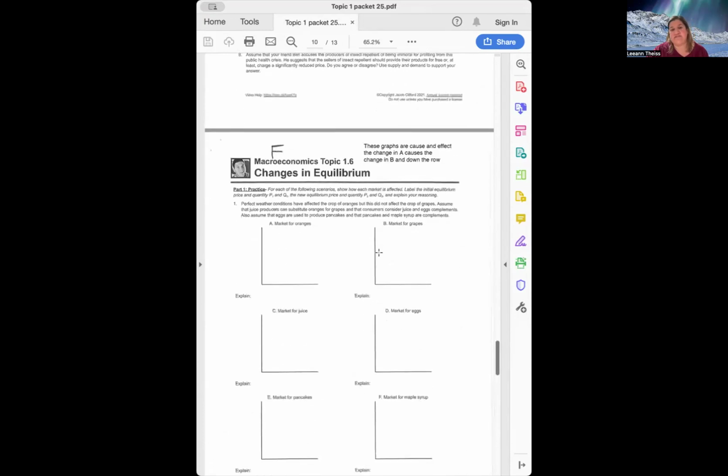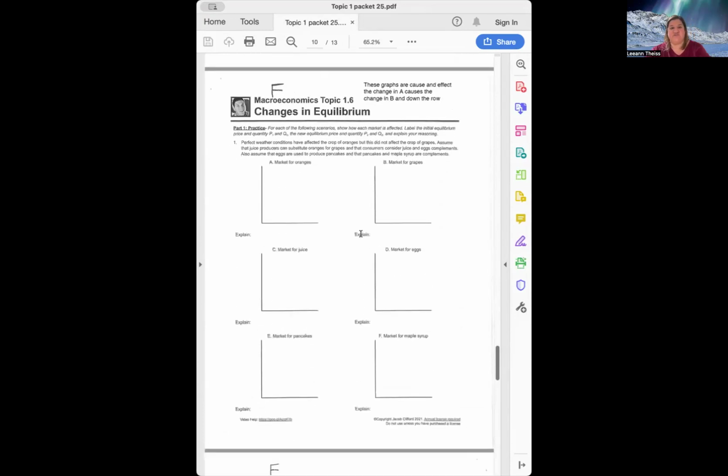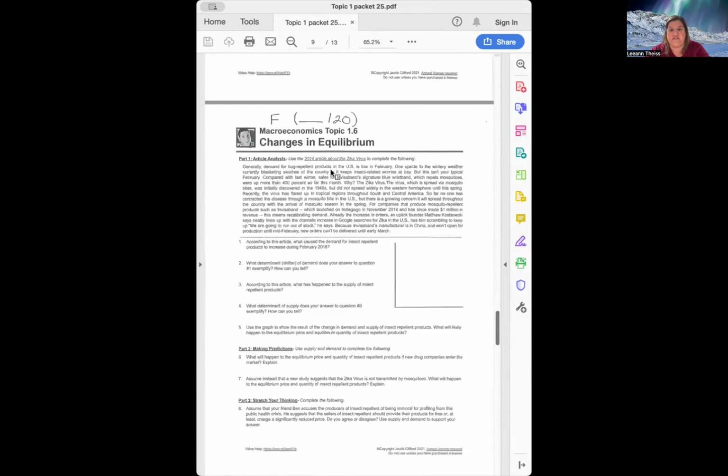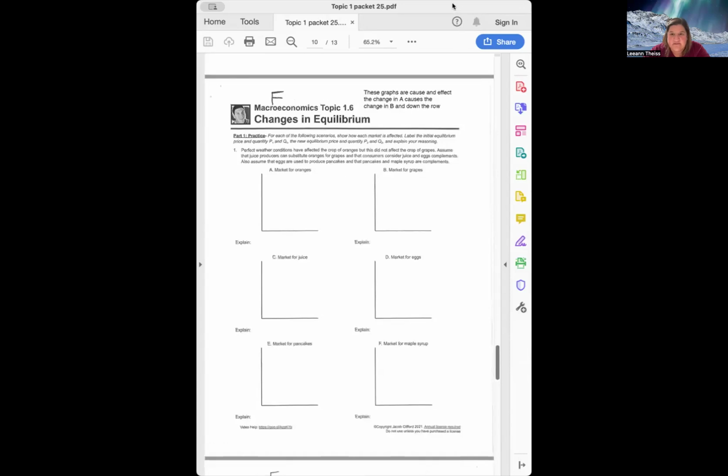But once you get to this page, I just want you to notice that what is happening here is a cause and effect. So you read the scenario, and the first page is talking about oranges and grapes, and it gives you all this information that you need here. Uh-oh, do I know how to zoom in? Don't be dumb, Leanne.